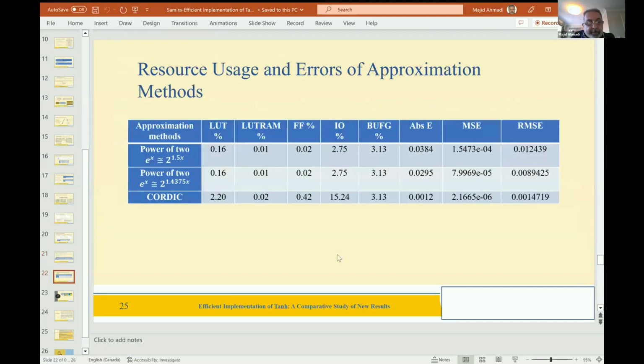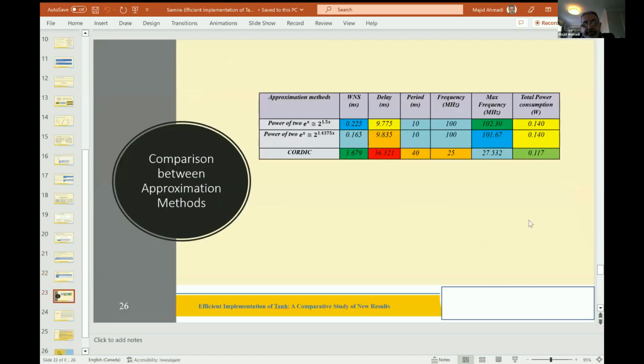Now here, we have the performance of the power of 2 with CORDIC in terms of the resources they use and the RMSE error. You see that definitely the CORDIC has a much more accurate response than the other two.